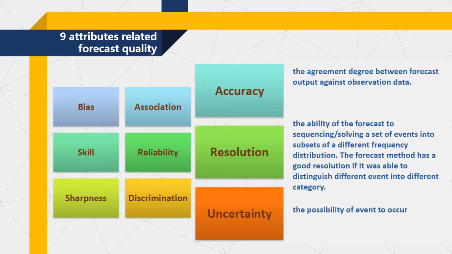And then resolution, the ability of the forecast to sort a set of events into subsets with different frequency distributions. The forecast method has good resolution if it is able to distinguish different events into different categories. And the last is uncertainty. It is about the possibility of an event occurring.